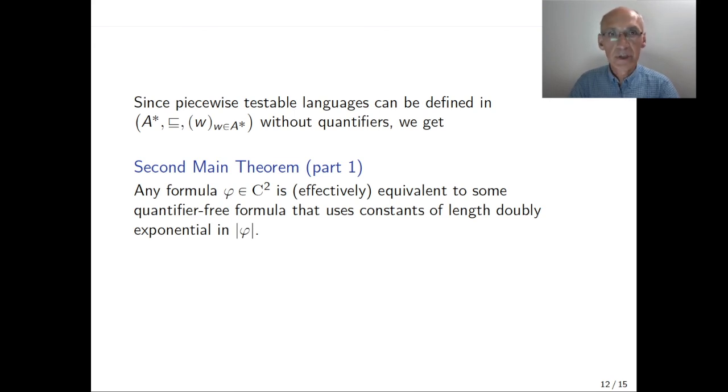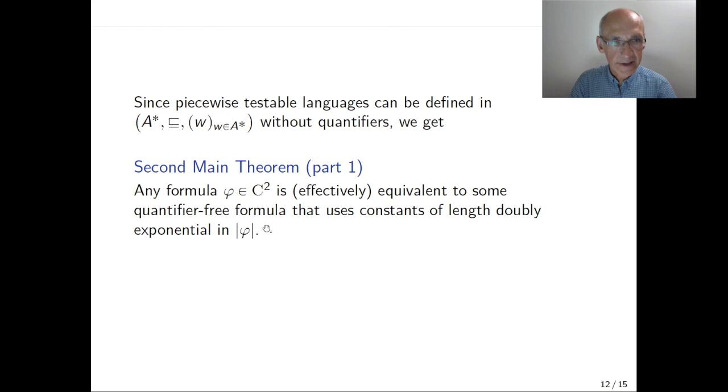This is the quantifier elimination result. Any formula is equivalent to a quantifier-free one. Even effectively, we can build this quantifier-free formula, and in this construction we introduce new constants, but we can bound their length, namely it's doubly exponential in the size of phi.